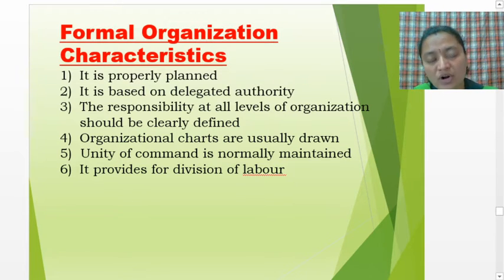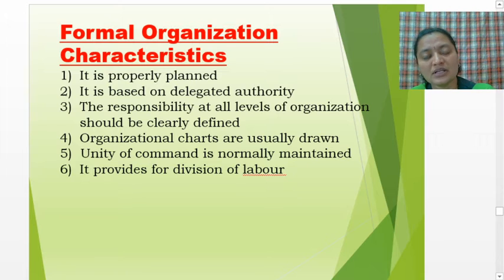So, accordingly, whatever rules are set by the organization, the employee should follow those rules and regulations. Now, let us understand the characteristics of formal organization. The first one is that it is properly planned. Whatever rules and regulations are set and whatever responsibility is given to all levels of management should be properly planned by the top management or by the organization.